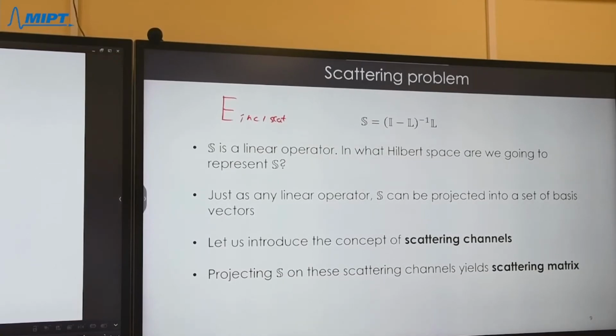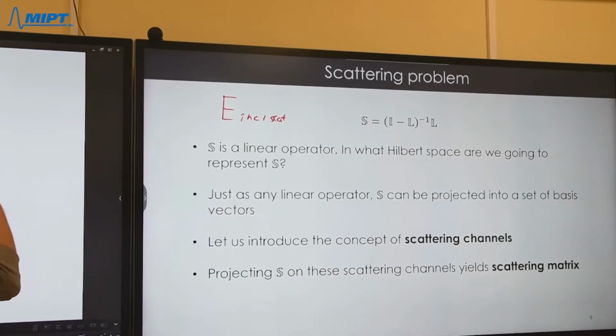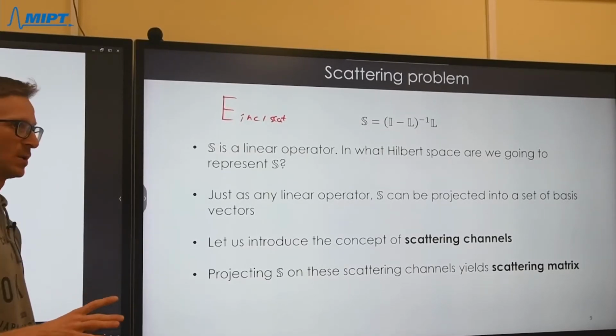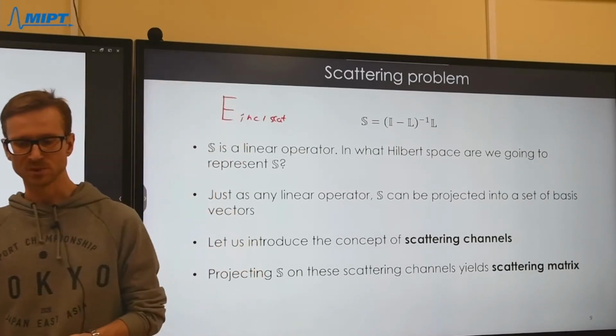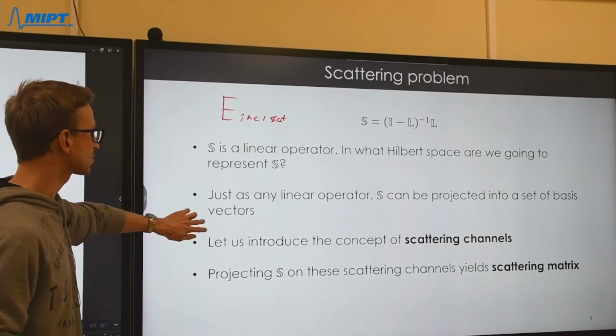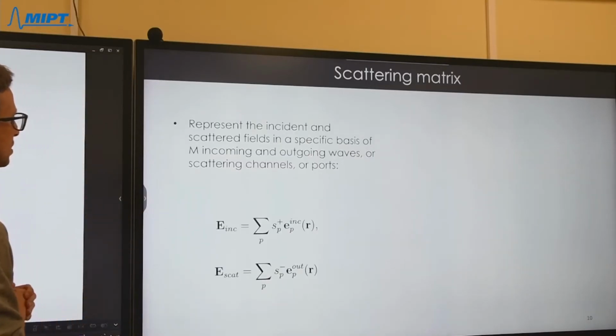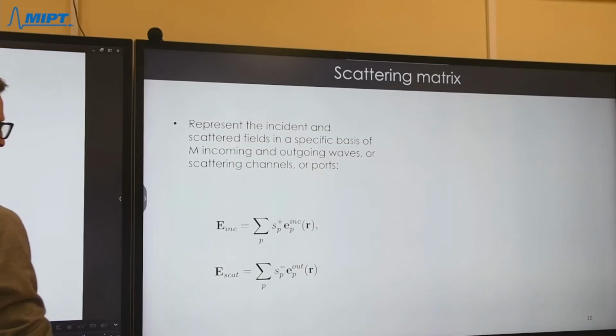What is it? In order to understand the nature of this linear space, we're now going to introduce the concept of scattering channels, and this concept will allow us to introduce the highly useful concept of the scattering matrix. So let us expand incident fields and scattered fields over so-called scattering channels.